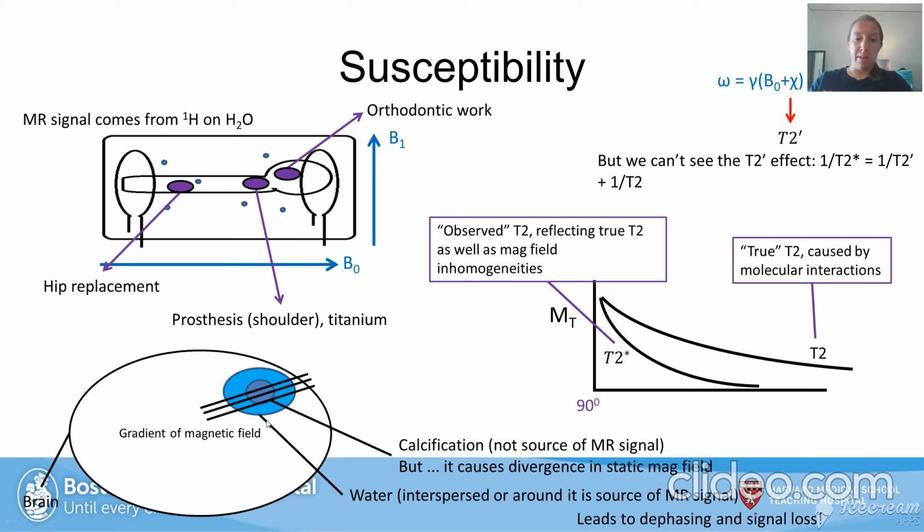It's really the water interspersed around it that's the source of MR signal. So it's how the calcium salts affect the signal coming from that water. It leads to dephasing and signal loss, essentially. You're going to have a gradient of magnetic field coming across the calcium salt, and it's going to cause it to disperse.